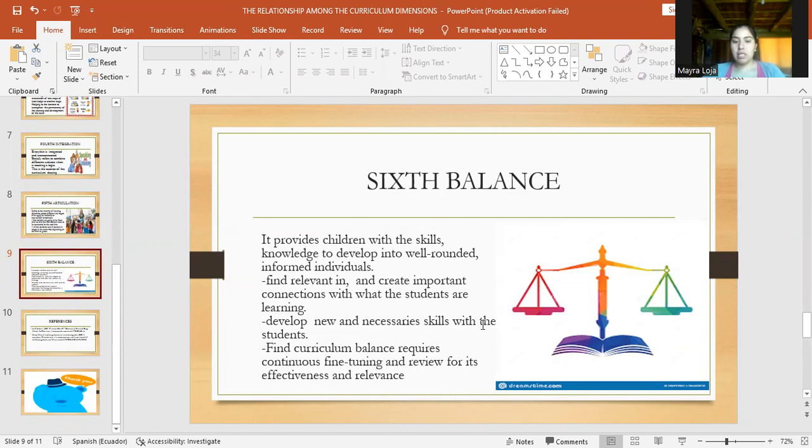Develop new and necessary skills with the students. Also, finding curriculum balance requires continuous fine-tuning and review for its effectiveness and rebalancing. As I mentioned at the beginning, all these things are connected, as you can see, and they are going to help the students develop their knowledge in a correct way.